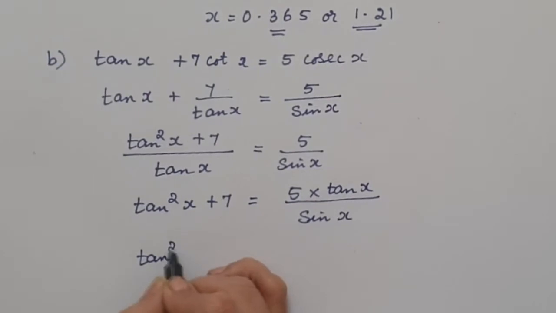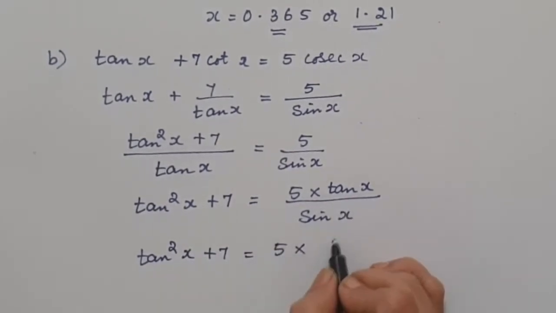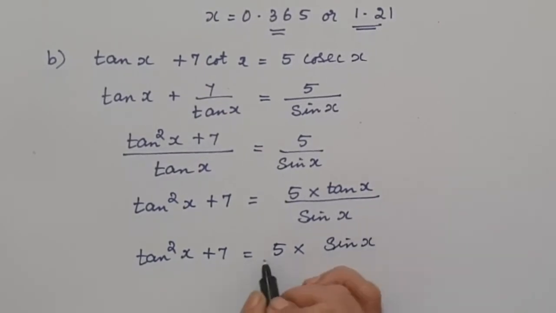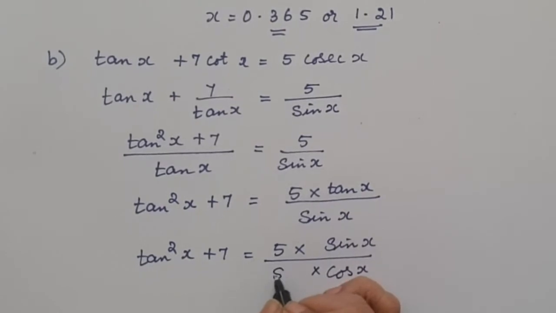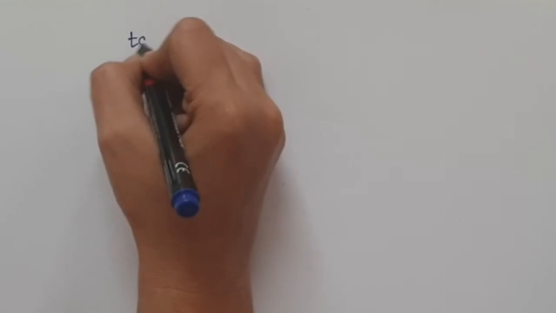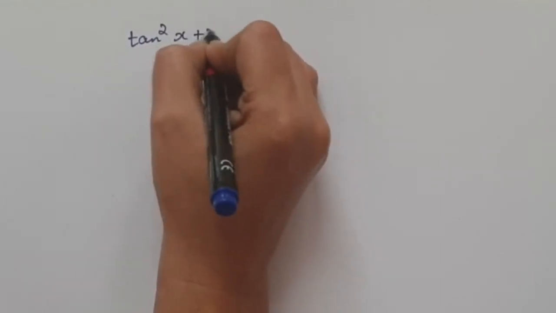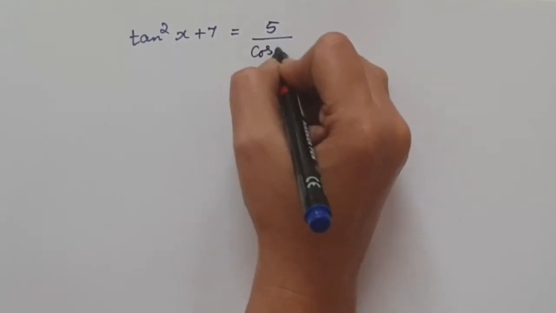Then tan can be written as sin x over cos x, and already there is a sin over here. So this sin and sin get cancelled. So we are left with tan squared x plus 7 will be equal to 5 over cos x.